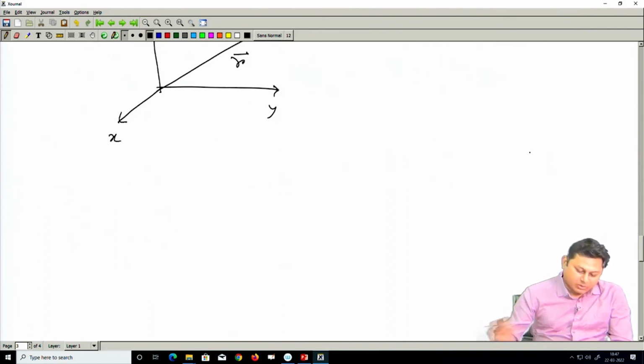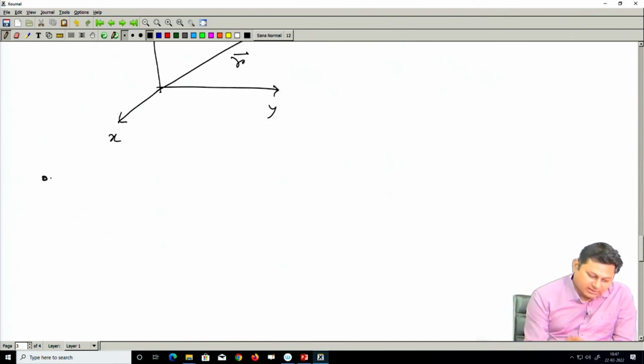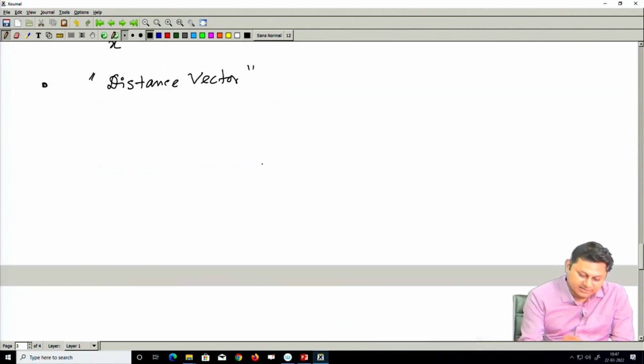Another important vector is called the distance vector. It is a similar kind of vector, but it gives me the distance between 2 points.